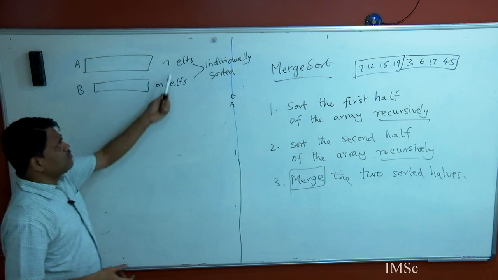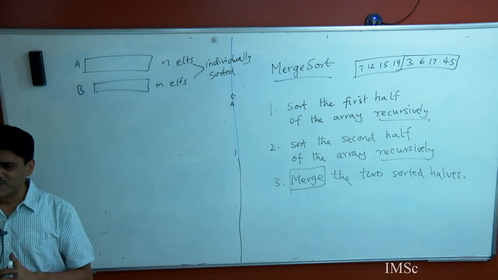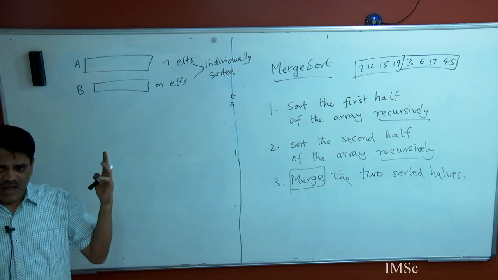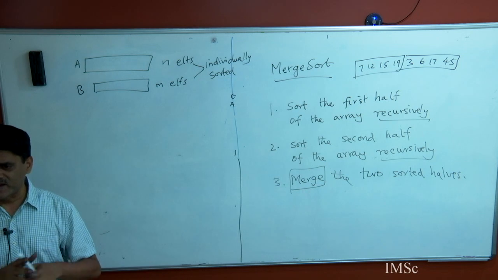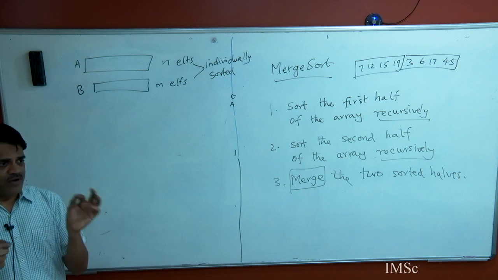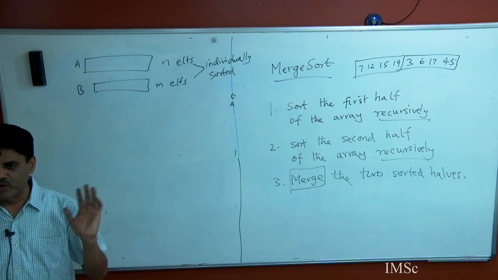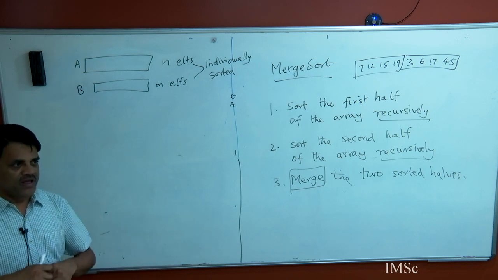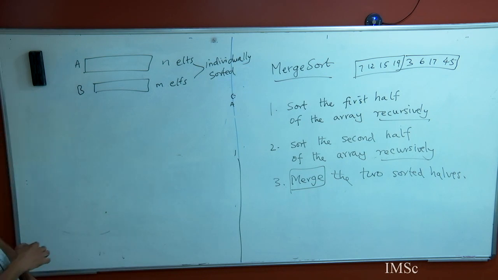So I keep saying elements. These elements you can think of as numbers, but typically they are a set of objects from any totally ordered set, right? Because we really should be able to compare any pair of them and know whether it is smaller or bigger or equal. That's all. So it could be characters, strings, whatever, but let's say some numbers, okay? And anyway, comparison takes constant time in our assumption.